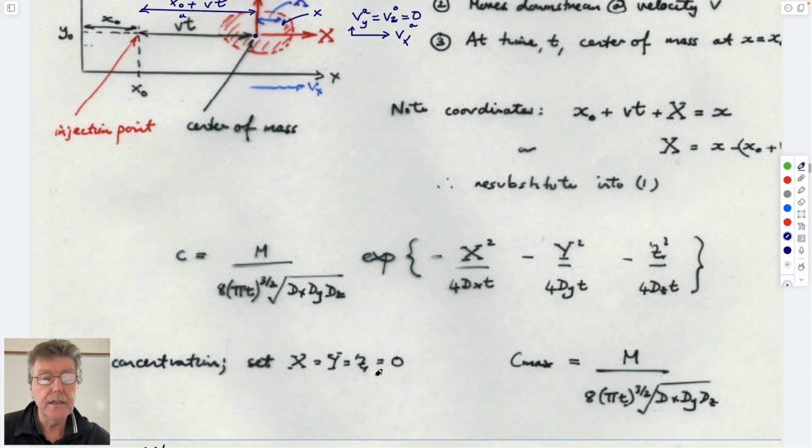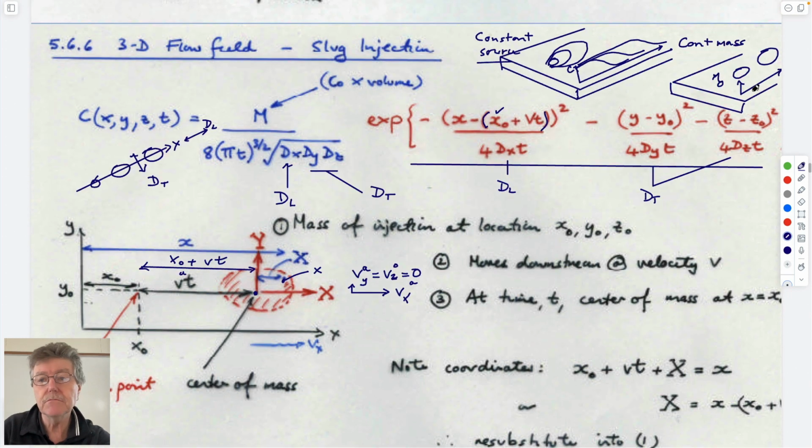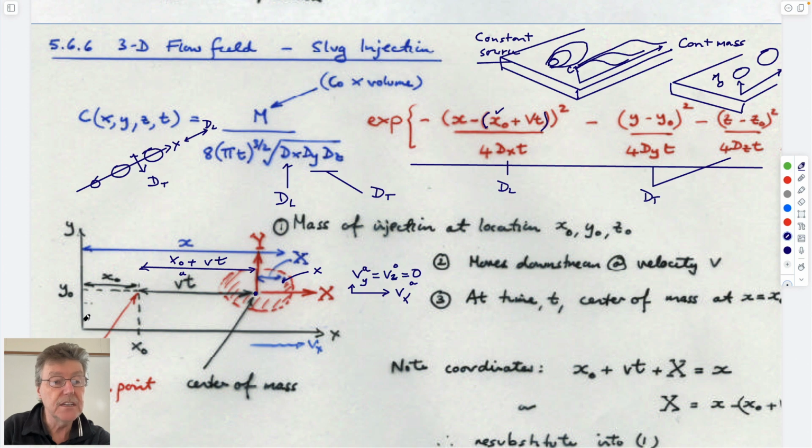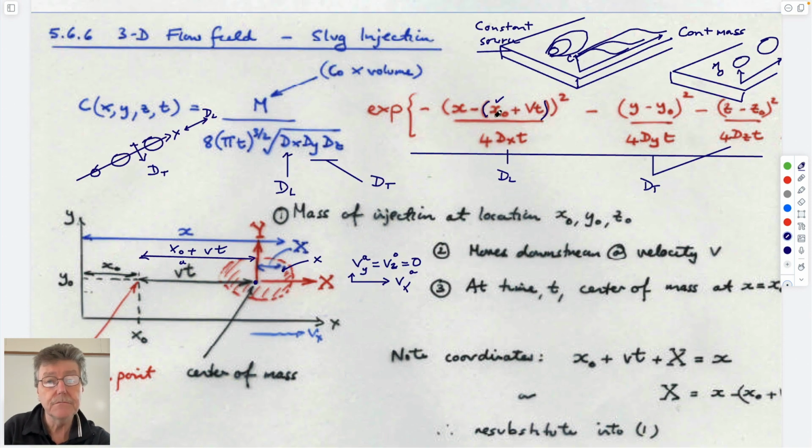But the bottom line is that you can calculate this again to get the concentration and how it changes in space. You'd be able to plot these kind of contours just by using this expression. If it's in Cartesian space, then you need to use this.